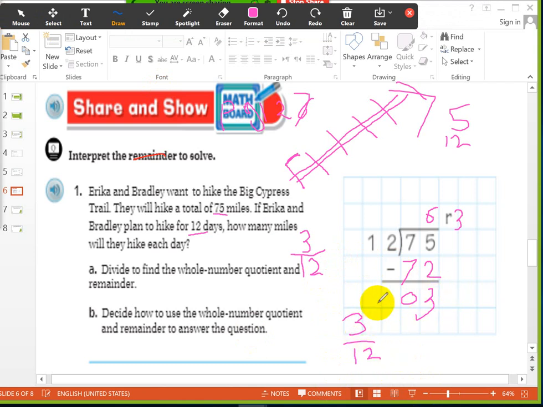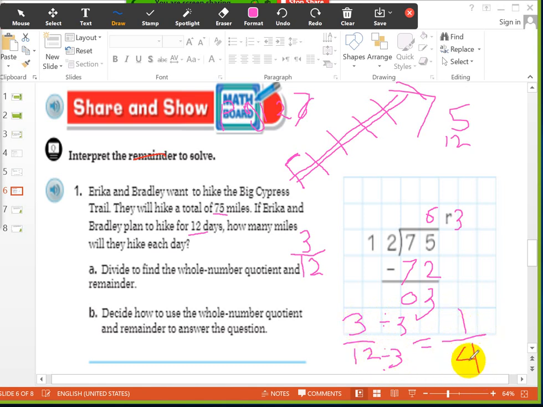Now I have to write it in the simplest form, so it will be 3 over 12. I have to divide by the same number. So what is the number? I can use 3, right? So 3 divided by 3 equals 1. 12 divided by 3 equals 4.